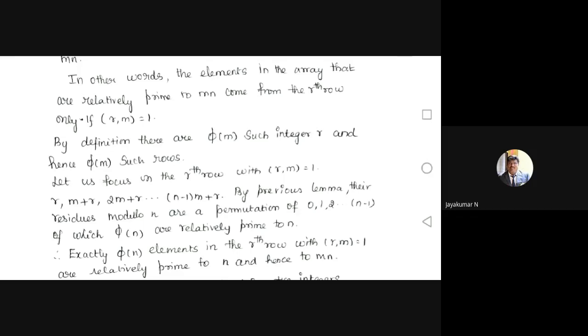So exactly phi of n elements in the rth row, with the GCD between r and m being 1, are relatively prime to n, therefore relatively prime to m. Therefore these phi of n elements are also relatively prime to mn.